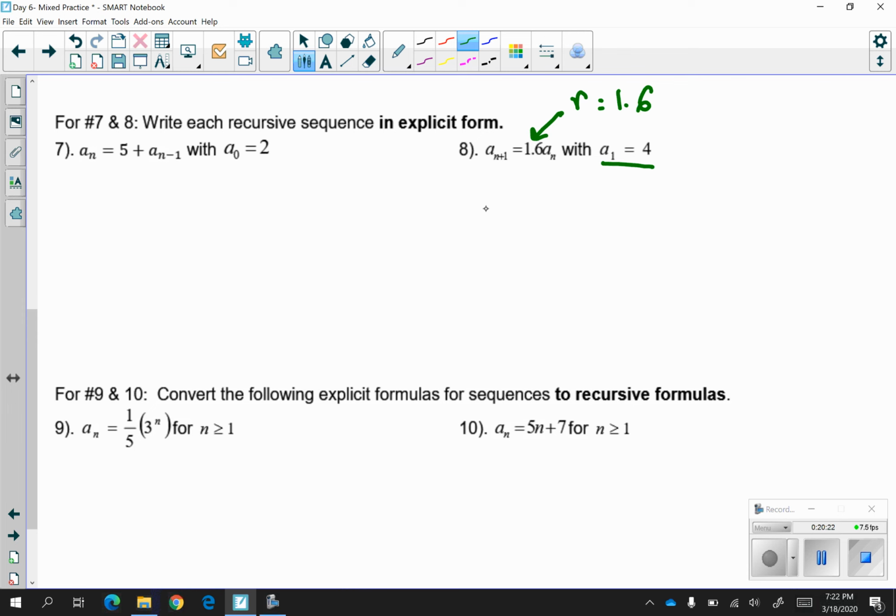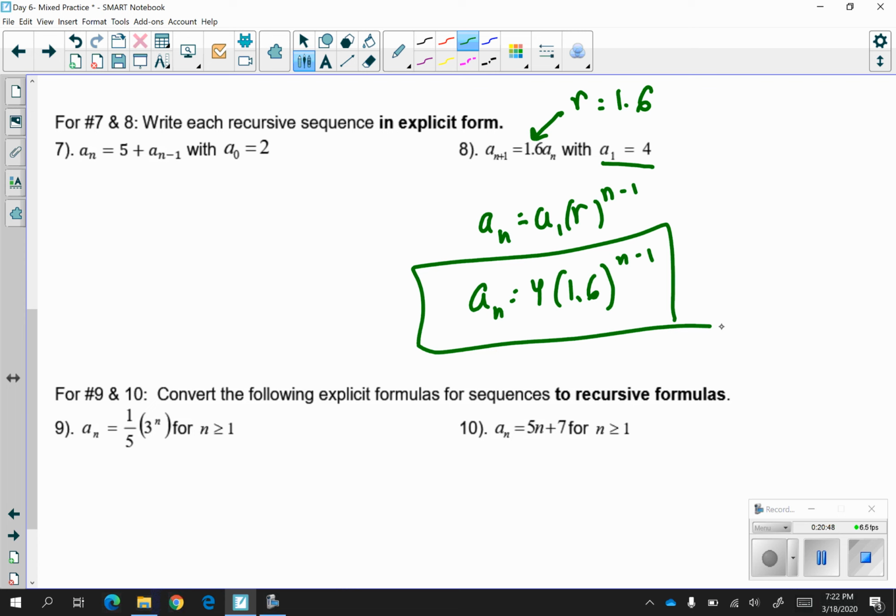Because we're multiplying, we know it's geometric, so you're going to look at your reference sheet and find the formula, which is a sub n equals a sub 1 times r to the n minus 1. My a sub 1 is 4, and my r value is 1.6 to the n minus 1, and you're done.